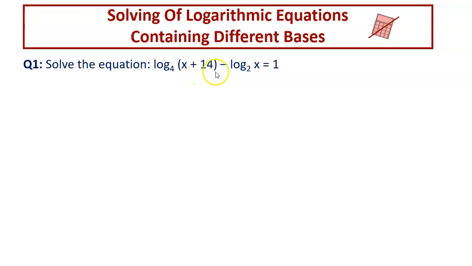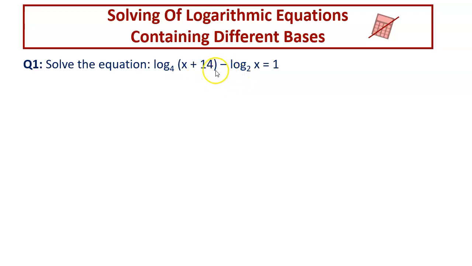We haven't learned the natural logarithms till now, so we will not be going for that. If you know the natural logarithms, then you can take the base to be e as well. But in our today's session, we will be taking the common base to be one of these two numbers.